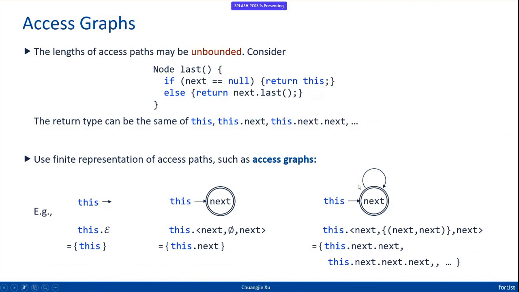And if I add an edge from the node next to the node next itself, then this access graph represents all the access paths of length, let's say, greater than 2. In this way, all the possible paths of this.next and so on are represented by only these three graphs. So we have a finite representation of all the paths.